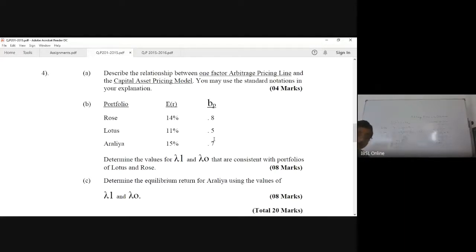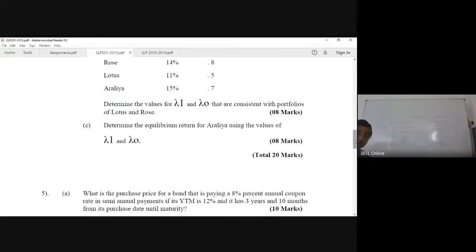BP is 0.7 for Aralia. Equilibrium return is equal to lambda 0 plus lambda 1 BP. So what is lambda 0? We have already calculated 0.06, plus lambda 1 is 0.1, BP is 0.7. So 0.1 into 0.7 is 0.07. So 0.07 plus 0.06 is 0.13. That is 13%. So Aralia's equilibrium return is 13%. So for part C, the answer would be 13%.